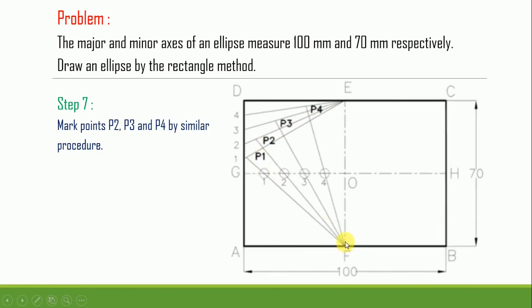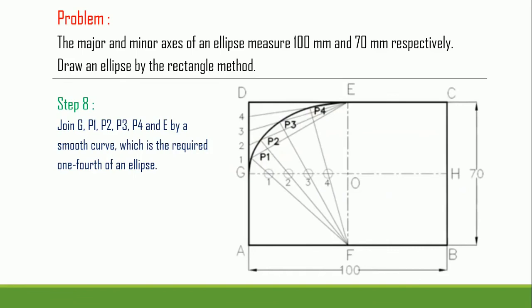Similarly, the line from the point F is drawn further passing through point 3, and that will intersect with the line 3E, and that gives us the point P3, and similarly we obtain the point P4. Now here we obtain the points P1, P2, P3, and P4 with steps number 6 and 7.